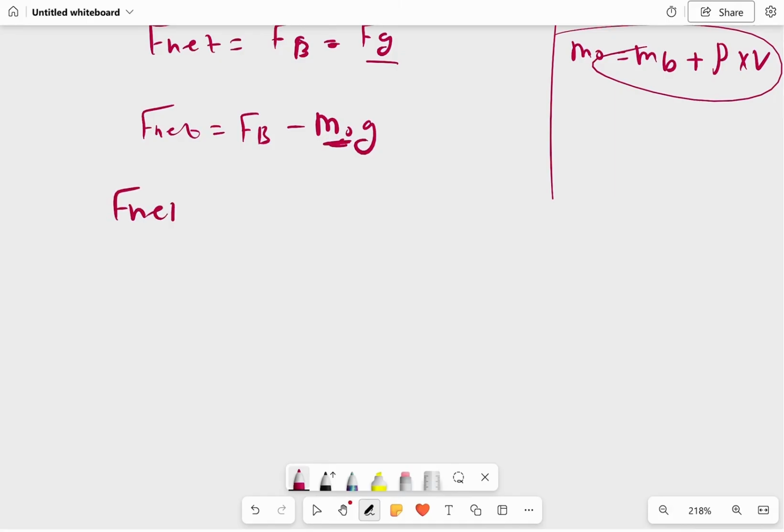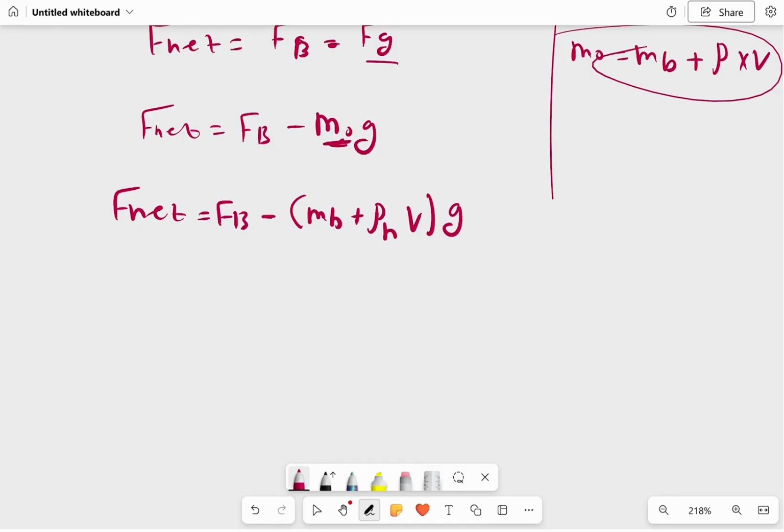F naught is equal to FB. Instead of this one, write the mass of the balloon plus rho of helium multiplied by V. Then you have gravitational acceleration.